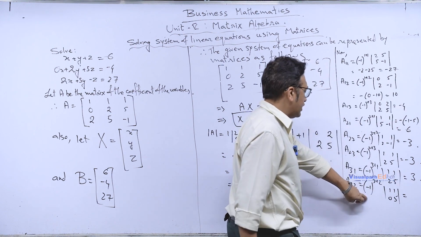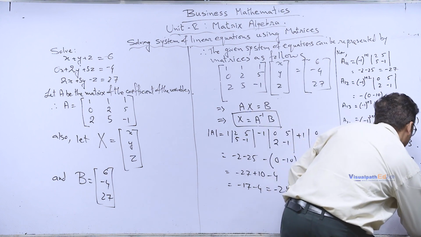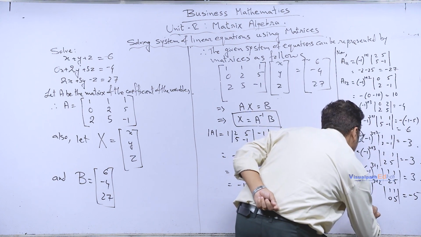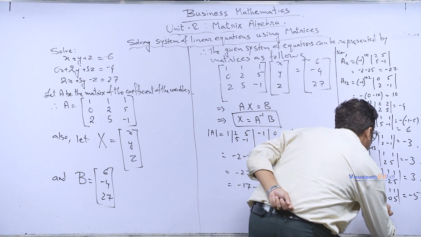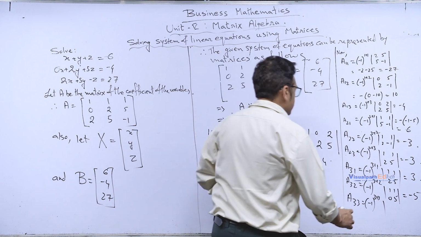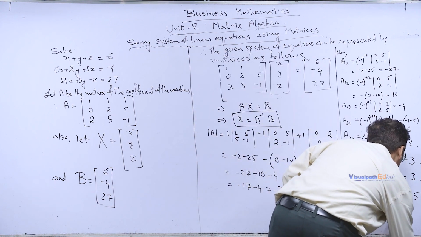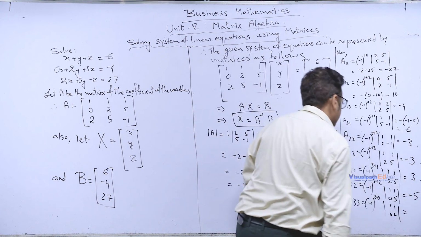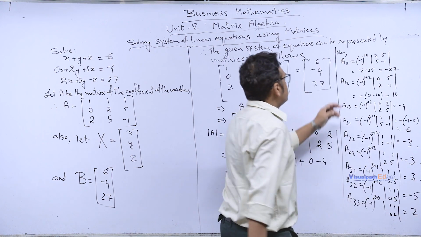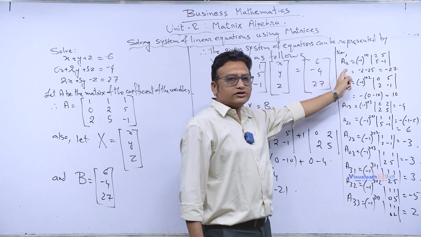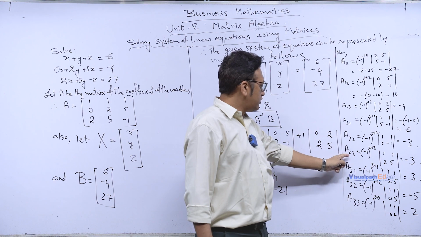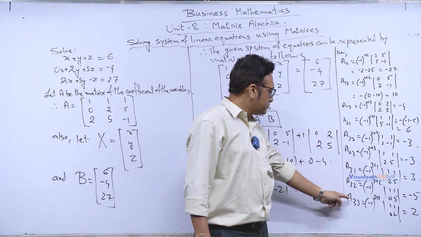That way we will get negative for here, 5 for there, minus 5. And finally, A33, minus 1 to the power 3 plus 3, and the minor will be 1, 1, 0, 2. That is equal to just 2. So these are all the 9 cofactors: A11, A12, A13, A21, A22, A23, A31, A32, A33.